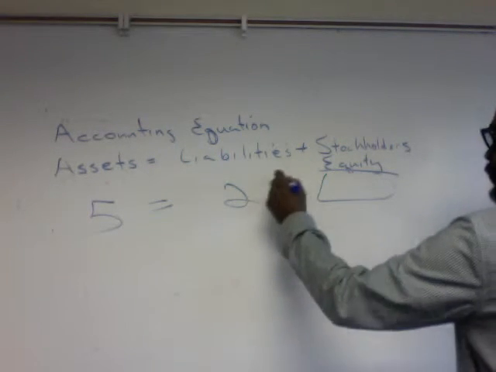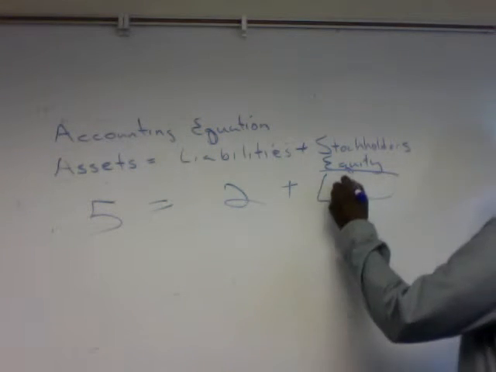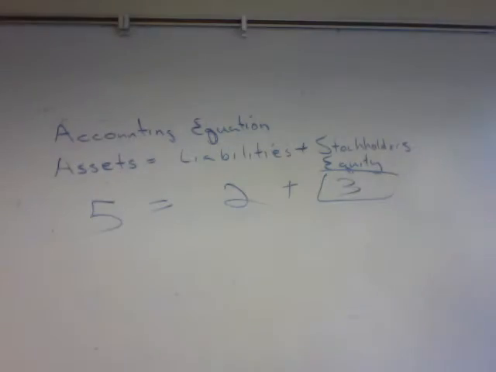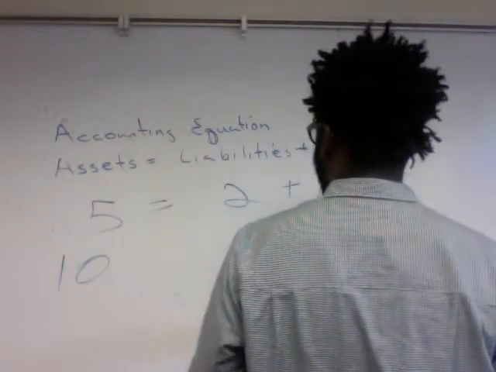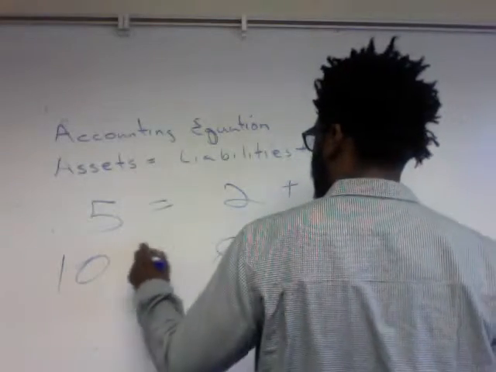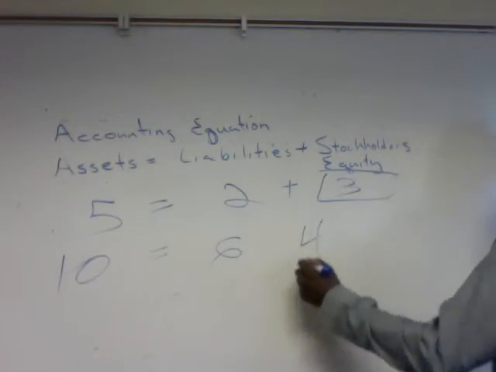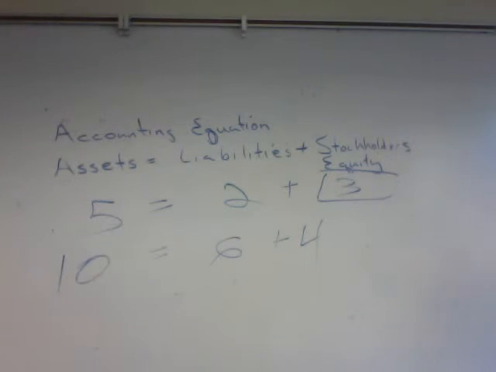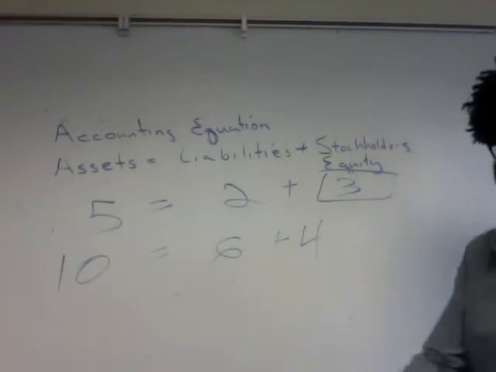Has to be 3. If our assets in another example was 10, liabilities was 6, then our stockholders' equity would have to be 4. Pretty simple, right? And so that's how we go about understanding the accounting equation.